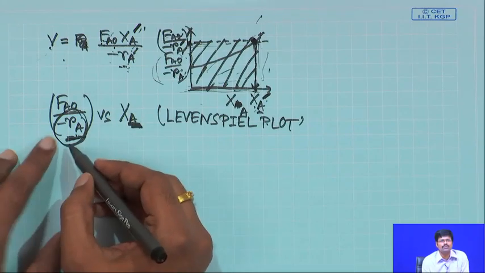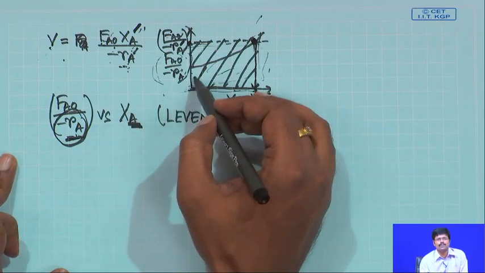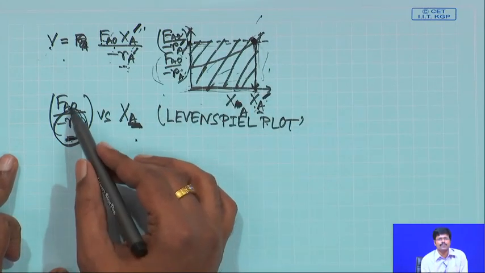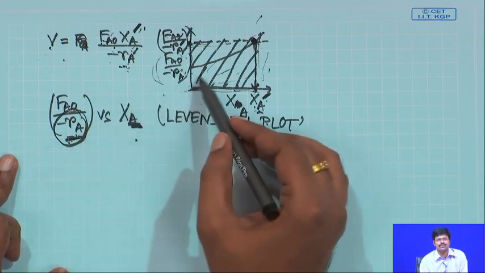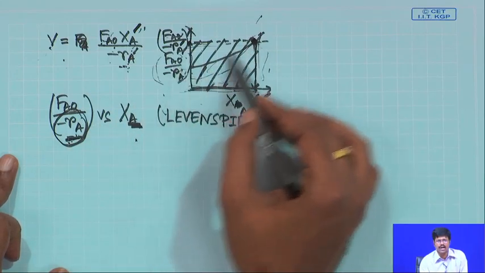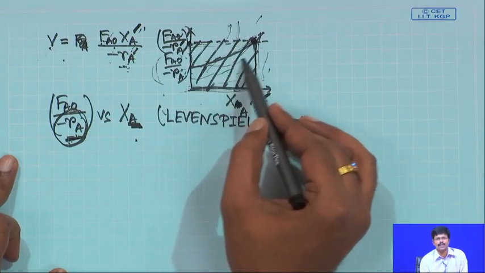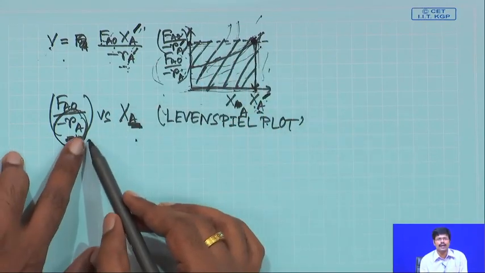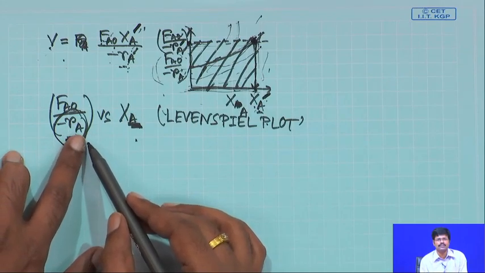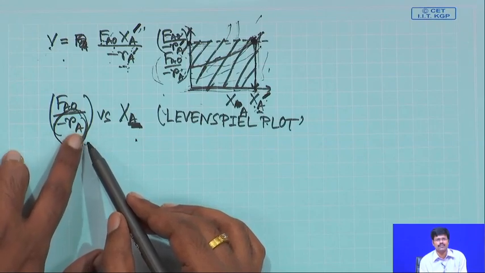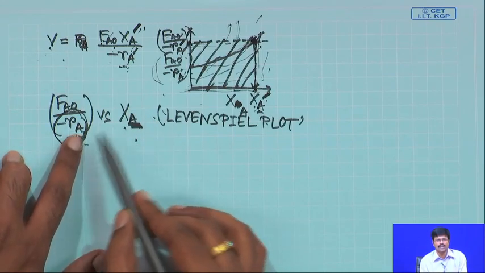So, in order to construct this plot, that means for every X A to get the corresponding value, or to know the nature of this function, whether it is going up like this or like that, you have to know the rate of the reaction in functional form as a function of the conversion.